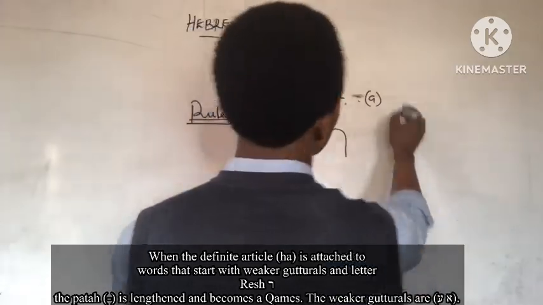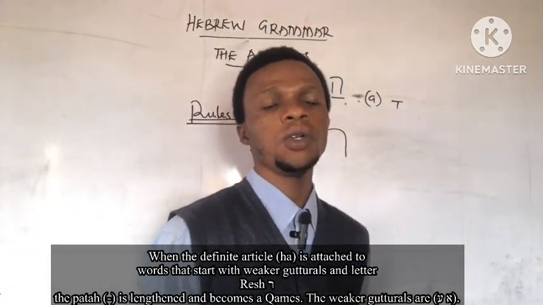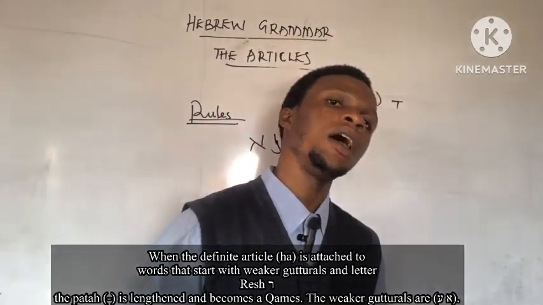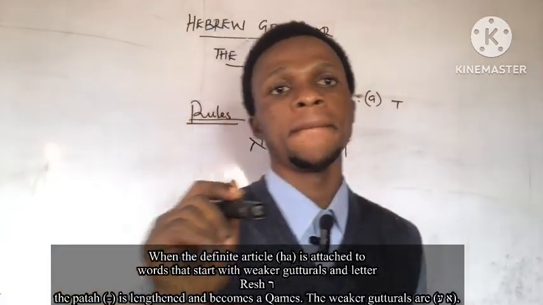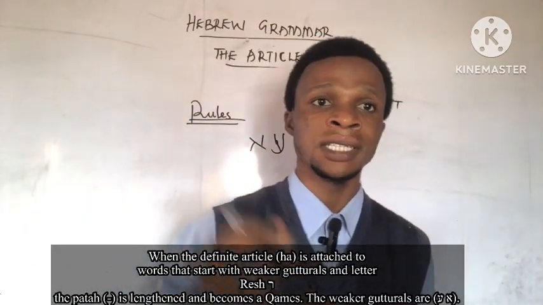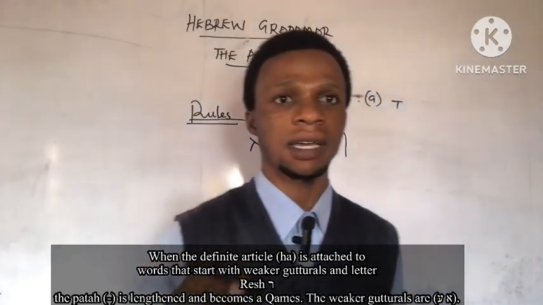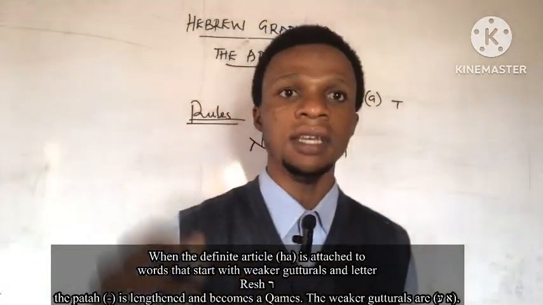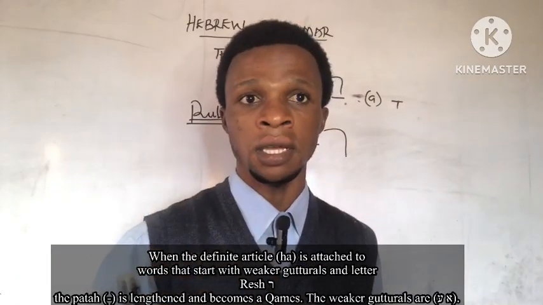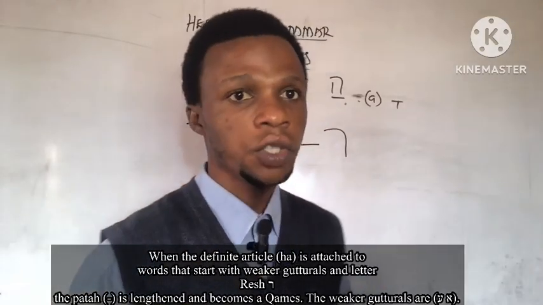Again, I repeat: when you are attaching the definite article to any word that starts with the weaker gutturals, the patach under the ha will turn to a long a, which is kamet.